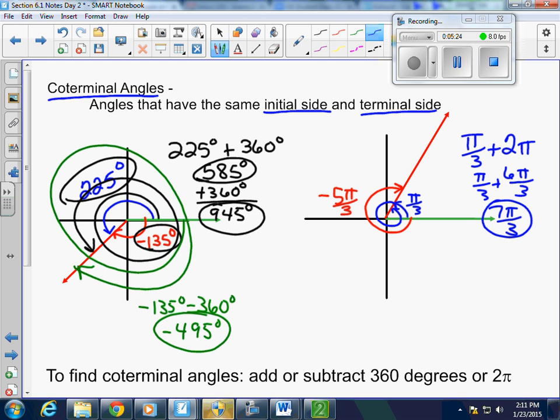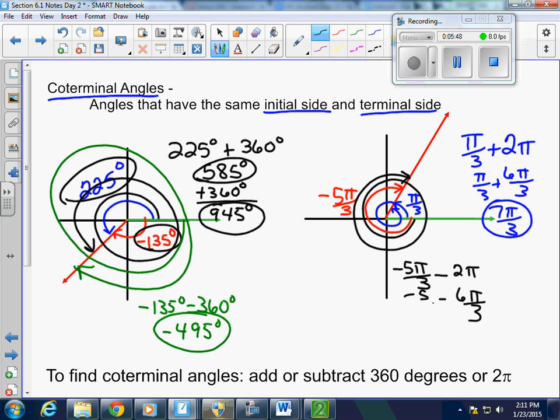Okay. In a similar manner, I can do the same thing with my negative. I can go all the way around again, which would mean I would be at negative 5 pi over 3, and then I would go backwards another 2 pi. So if you think about writing that negative 2 pi with a common denominator, we're looking at a negative 6 pi over 3.